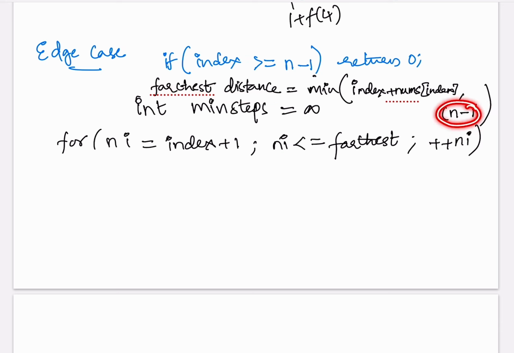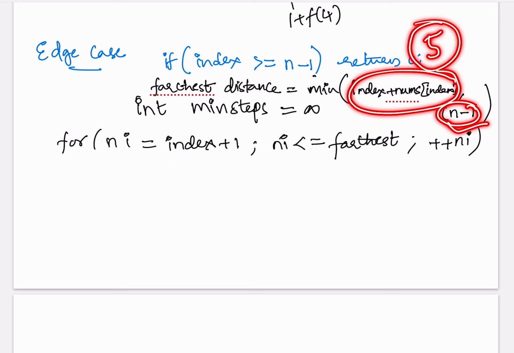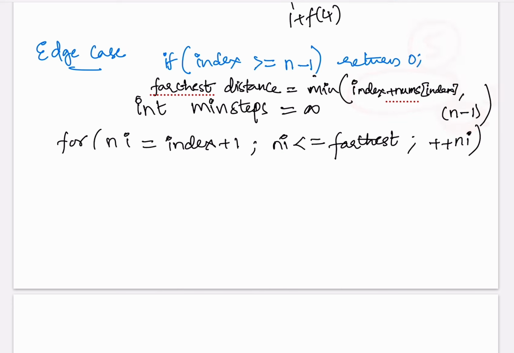That's the reason: if our jump is 5 and our array length is 3, you cannot take jump 5. So for that reason we retain a farthest distance, and for that reason we consider minimum.